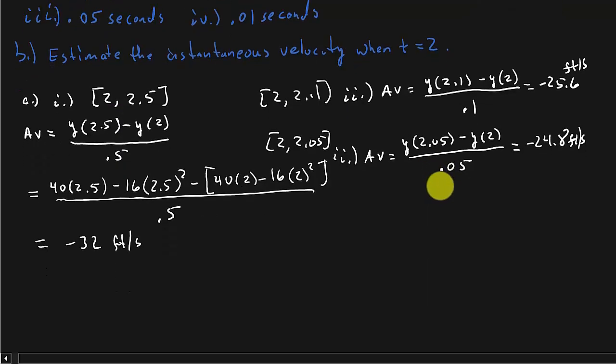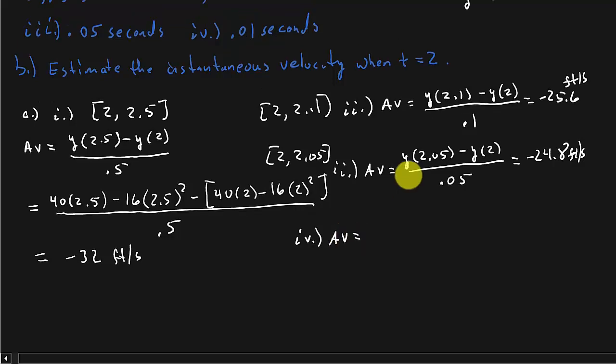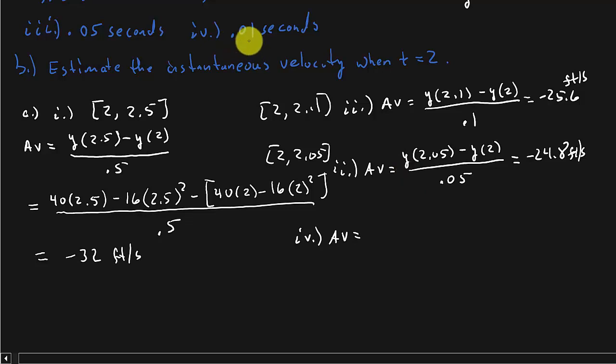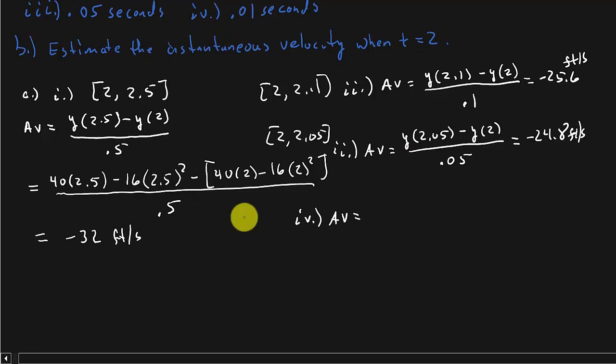And then for the fourth part, the average velocity over the time interval 0.01 seconds. So that's the interval 2 to 2.01.